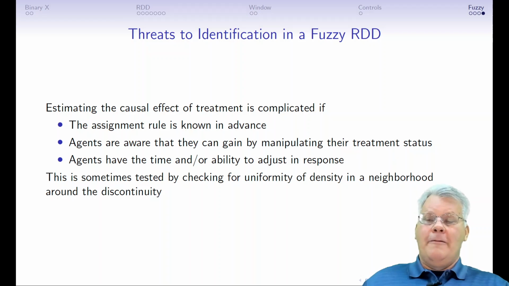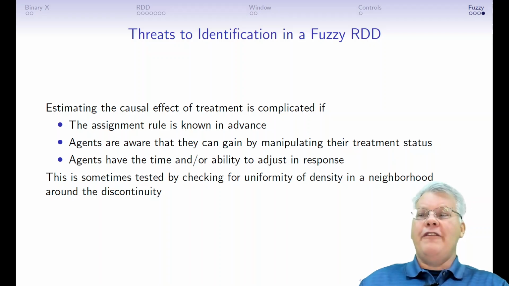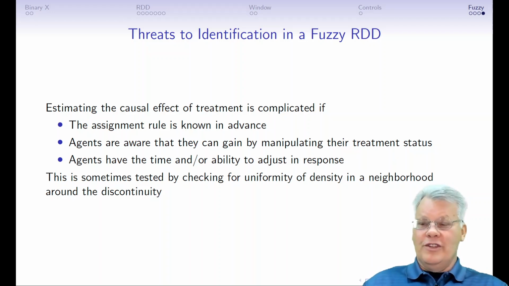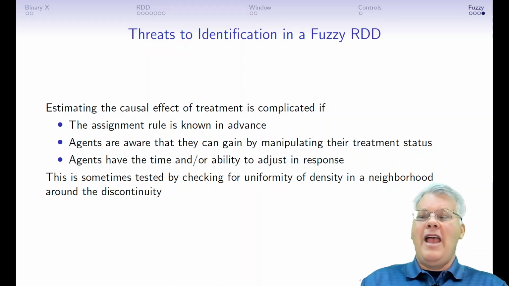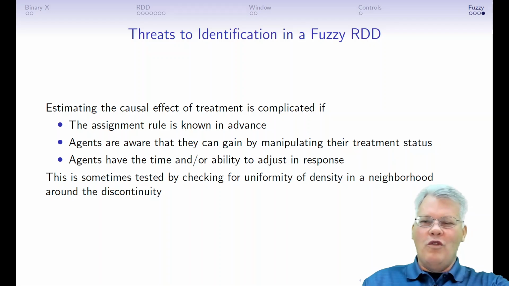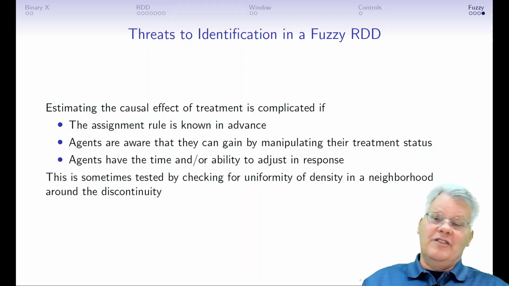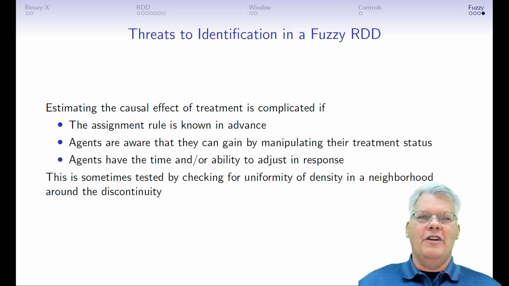So if nationwide SAT scores varied continuously through 1200, what we could do then is look for piling up just over the threshold of Baylor applicants who turn in SAT scores of just a little itty bitty bit above 1200.